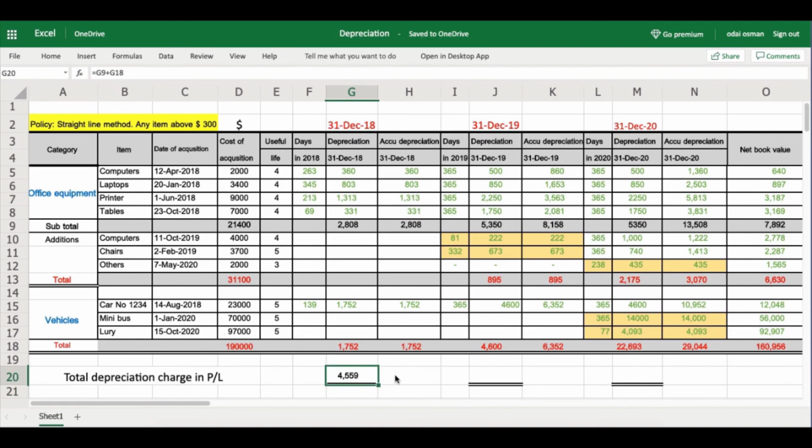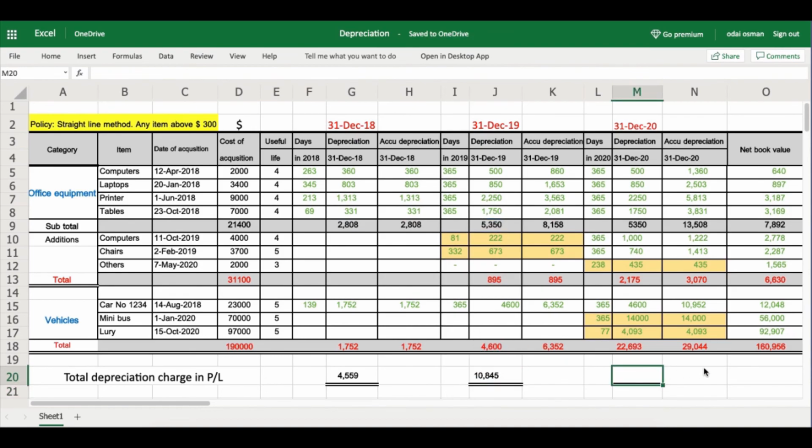And again, we need to calculate this also. The 2019 equals the total of office equipment plus the addition plus the total of vehicles would give us this amount.